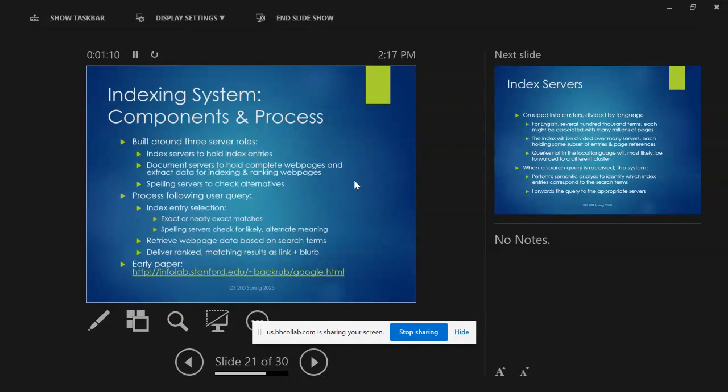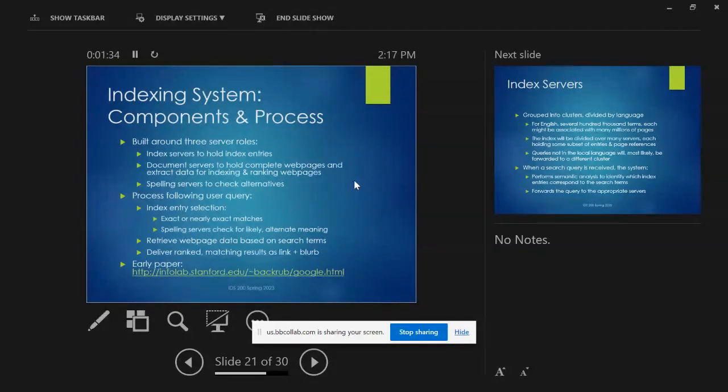So when a Googlebot looked at a page, it would send that data to a document server, and then the document server, which had the page, would scan through it and send that data to the indexing system so that the index could be updated, and it would send the extracted data to another system where page data extracted is stored. They may be doing it in a slightly different way at this point.